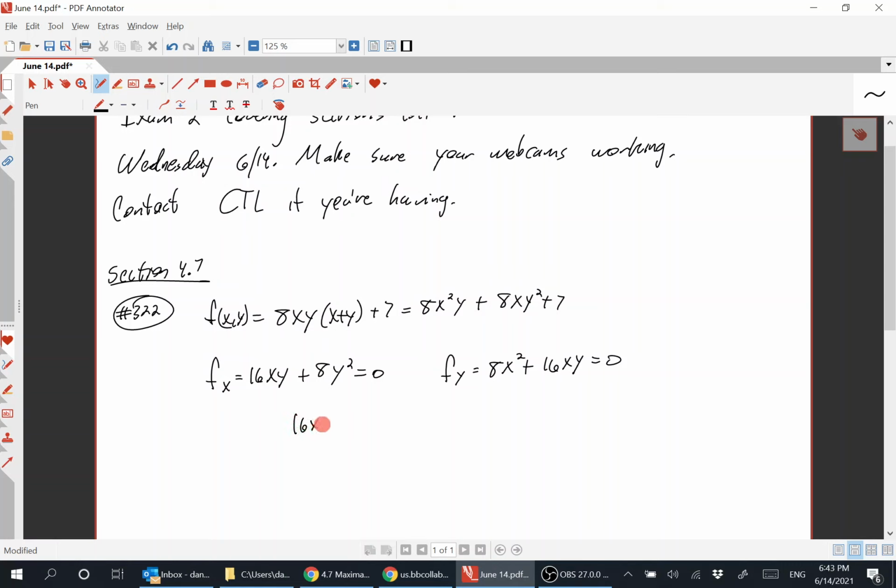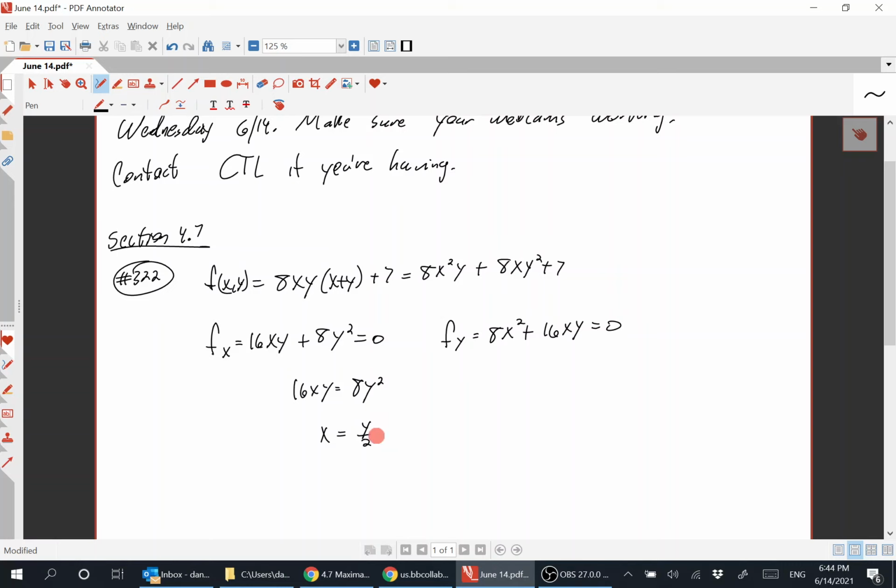So 16xy equals 8y squared, dividing by 16y, and we have just y over 2, yeah? So x is equal to y over 2, and then using x equal y over 2 in this equation, we see what we get.